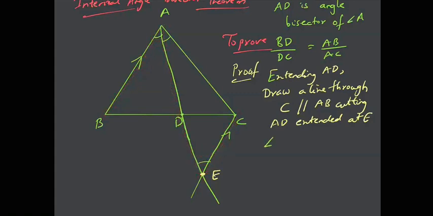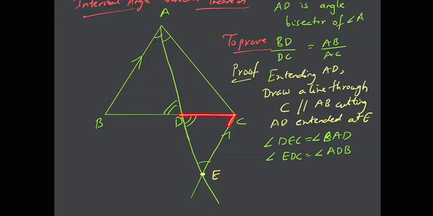So angle DEC is equal to angle BAD because these are alternate interior angles. Similarly, these two angles are equal because they are vertically opposite angles. So angle EDC is equal to angle ADB because these are vertically opposite angles.